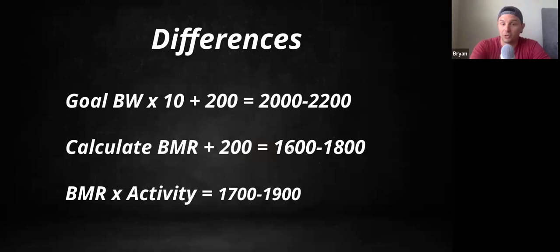BMR plus 200 is about 1,600 to 1,800 calories, and BMR times activity ends up being 1,700 to 1,900 calories. Now, my preferred method is the lowest one, the 1,600 to 1,800, as opposed to 1,700 or 2,000.